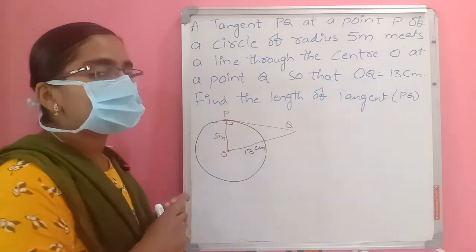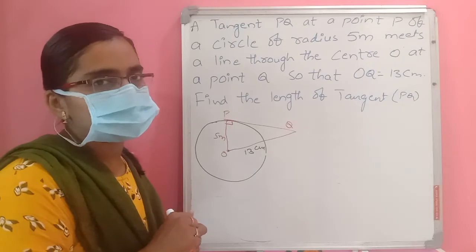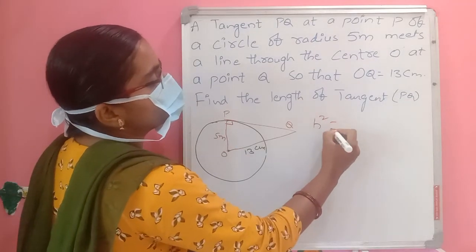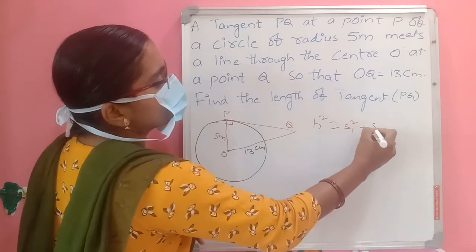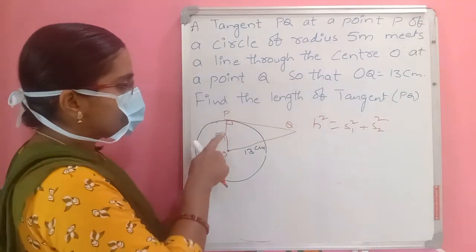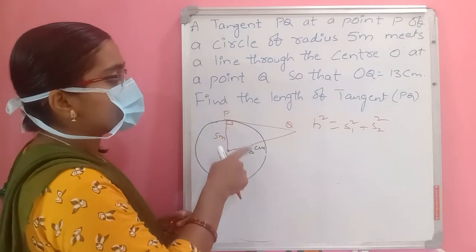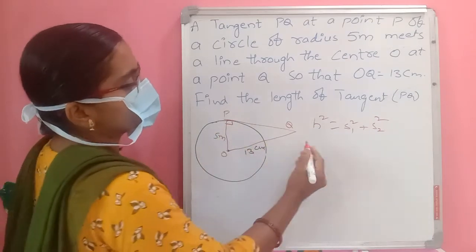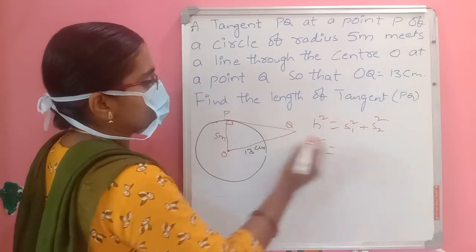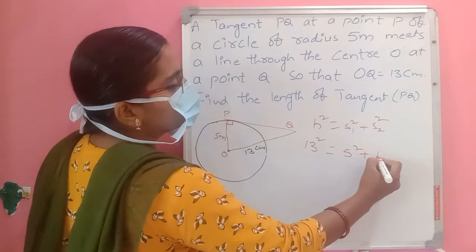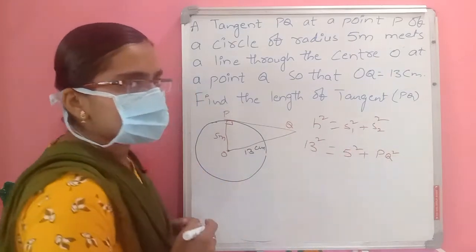According to the Pythagoras theorem or Baudhayana theorem, hypotenuse square is equal to side 1 square plus side 2 square. The side opposite to the right angle is the hypotenuse. So 13 square is equal to side 1, 5 square, plus side 2. We don't know that, that is PQ, the tangent.